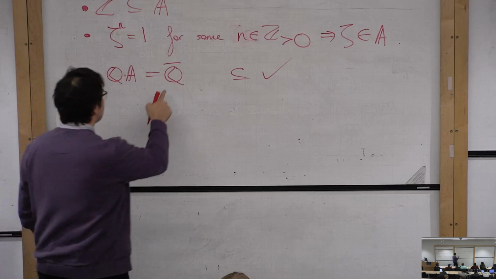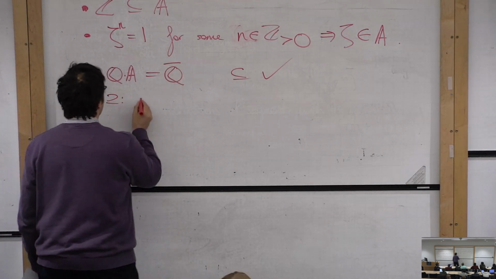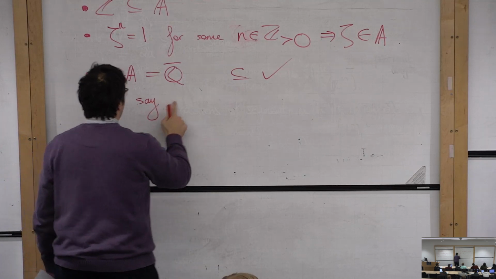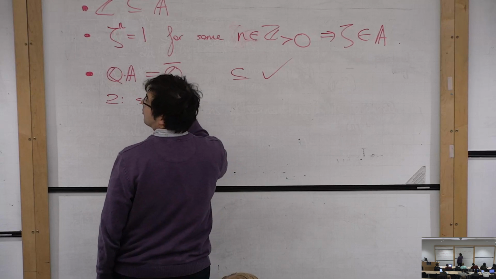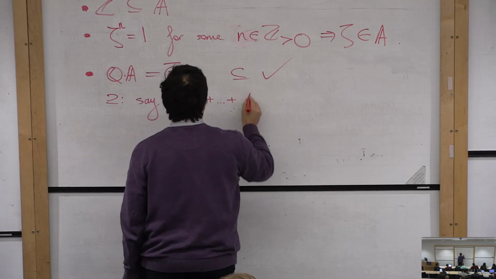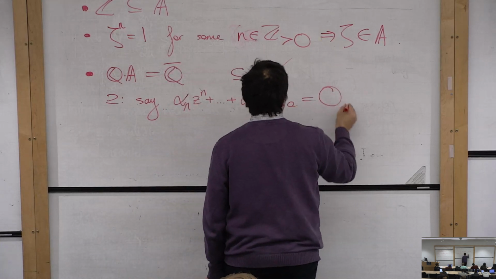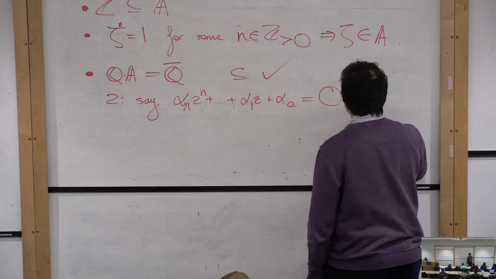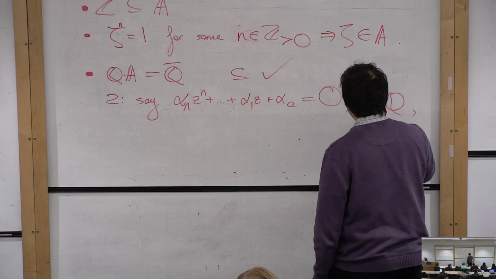Shall I do this? For this inclusion, say, I have an algebraic number called z, with alpha i in Q, not all 0.